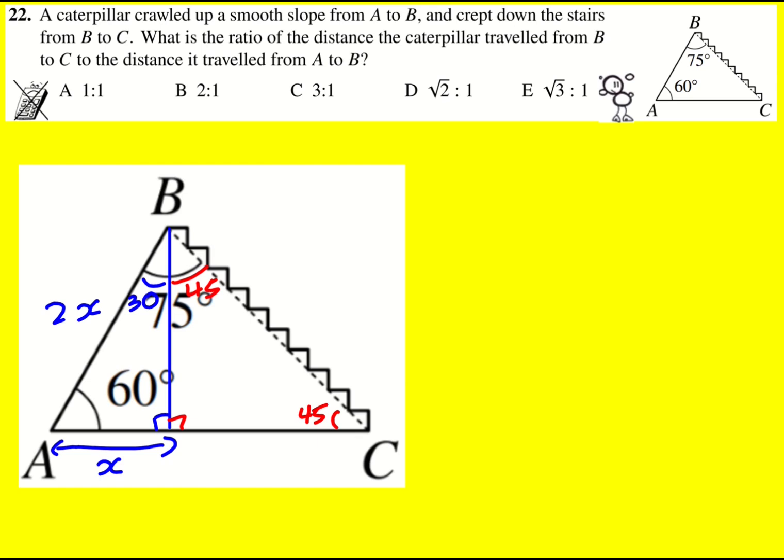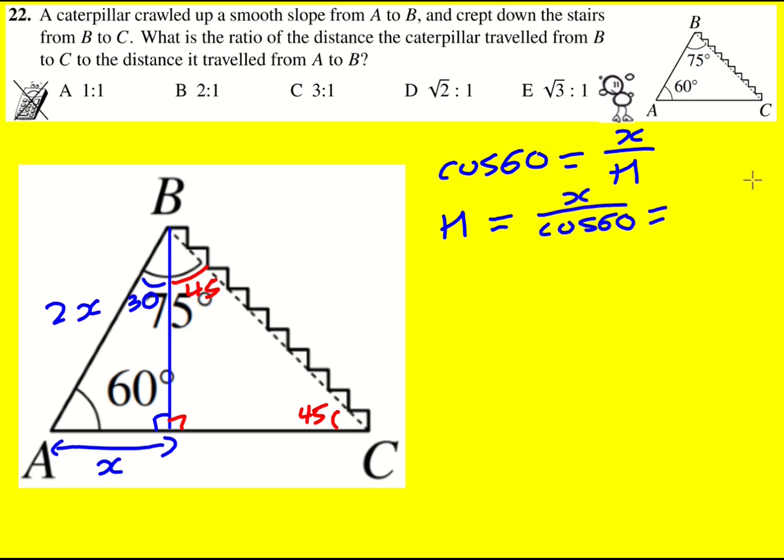If you're less happy with that, then we can write down that cos 60 is equal to x over the hypotenuse. So the hypotenuse is equal to x over cos 60, which is a half, which gives us 2x that way. So 2x.